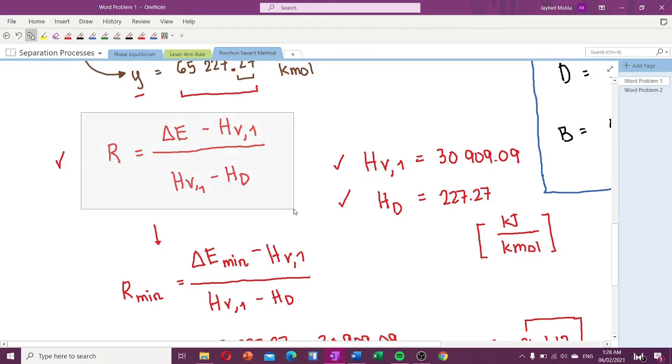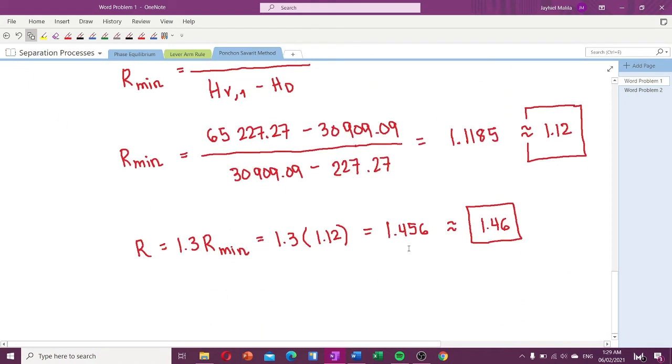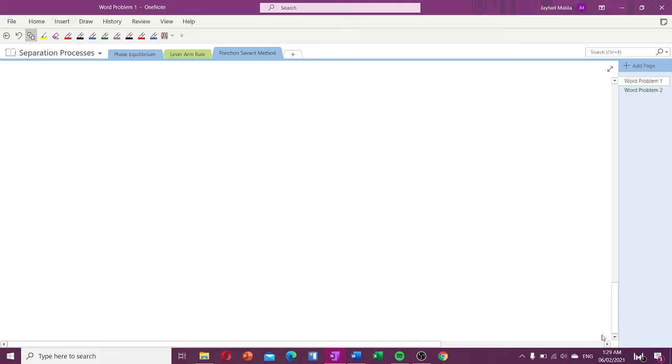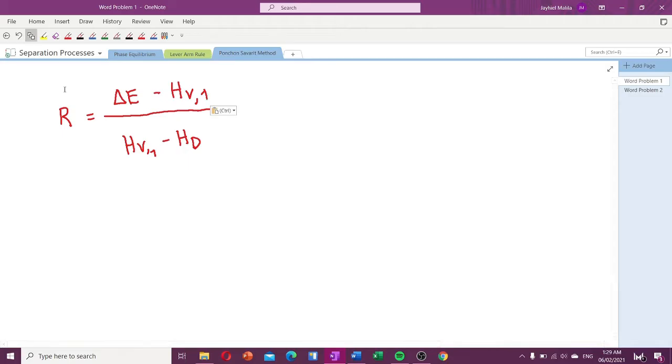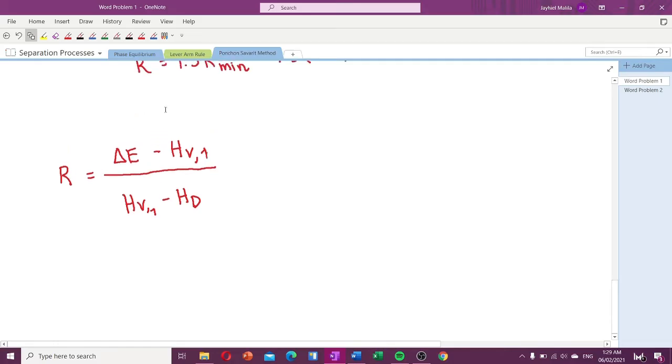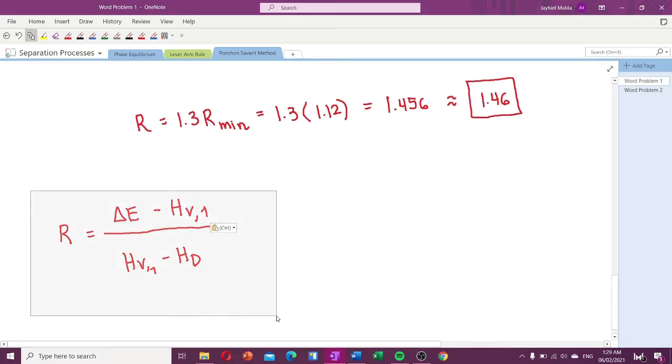Because the Y value of delta E will help us in the pivoting for our stepping off. When I say pivoting, that's actually the difference point or the pivot point wherein all operating lines meet. So it's a very important number when you talk about graphing Ponchon-Savarit. Remember that one.